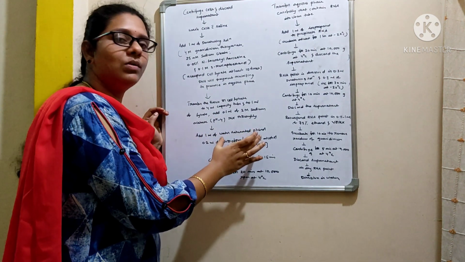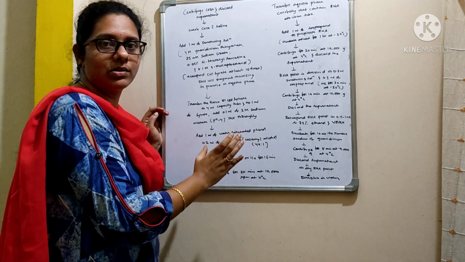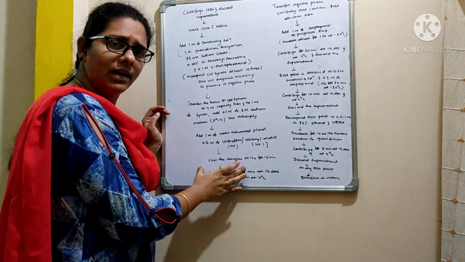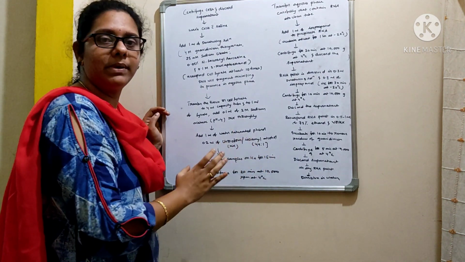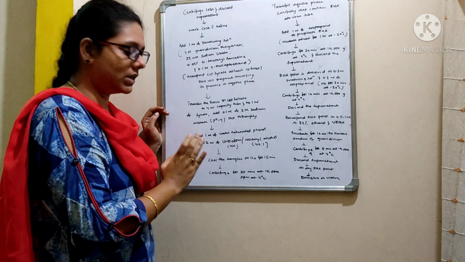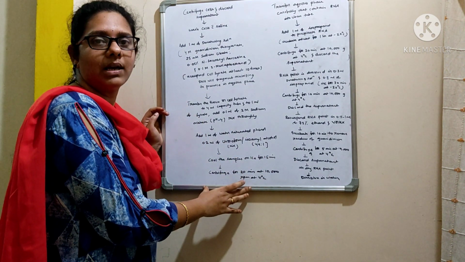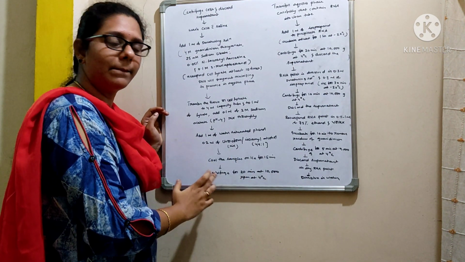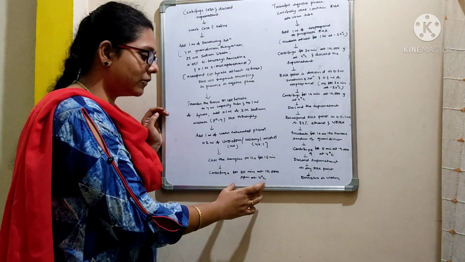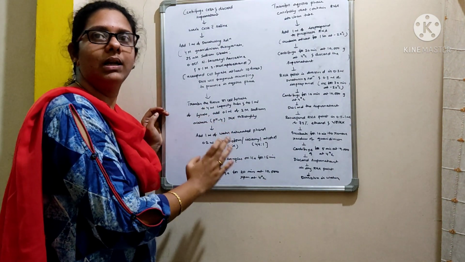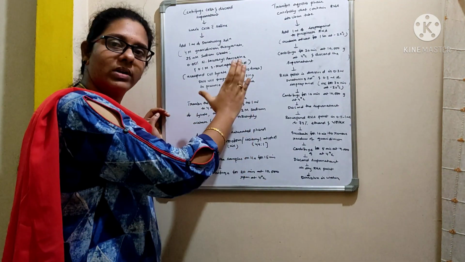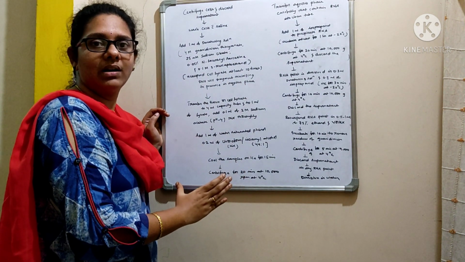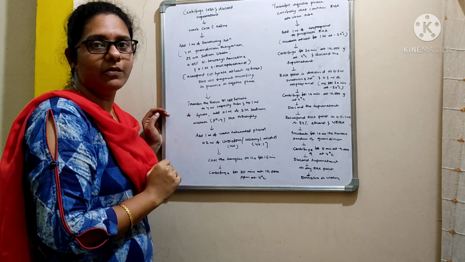So for that reason you have to strictly use water saturated phenol, and then you have to cool the samples on ice for 15 minutes, followed by centrifugation at 10,000 rpm at 4 degrees centigrade for 20 minutes. Remember, you have to strictly maintain these temperature conditions when you go for the extraction of RNA.